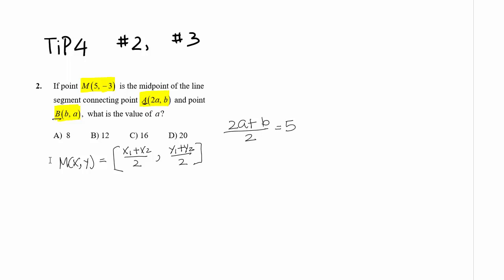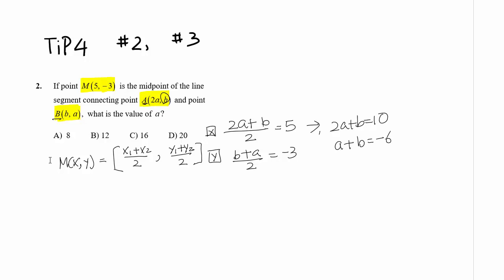The other one is the y coordinate: b plus a divided by 2 is negative 3. From here we can see 2a plus b is 10, and b plus a, or a plus b, is negative 6.